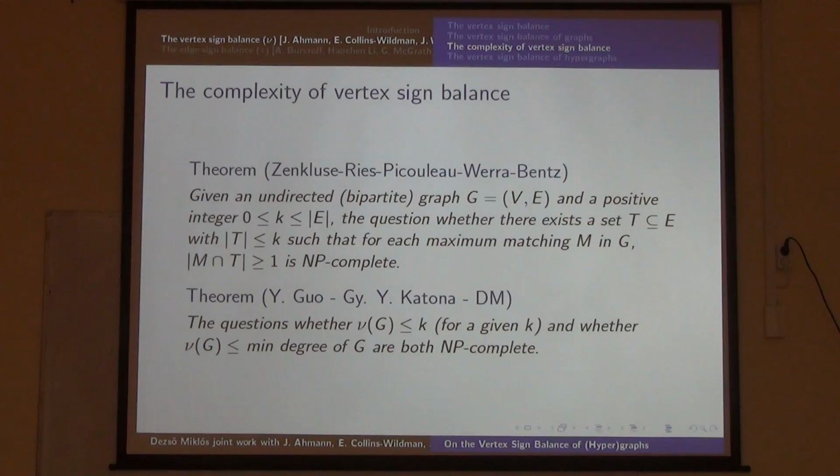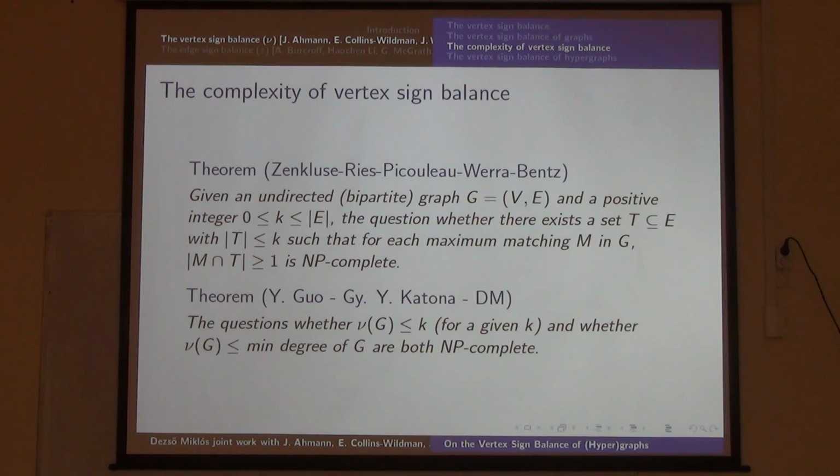This Dezso Miklos is not this Dezso Miklos, but this is the son of him. We got it together with one of the other students, and basically it gives that this property is NP-complete, so there's no big hope that we can find some good characterization of graphs with the mathematical single property. We are using the earlier result of these 5 authors.